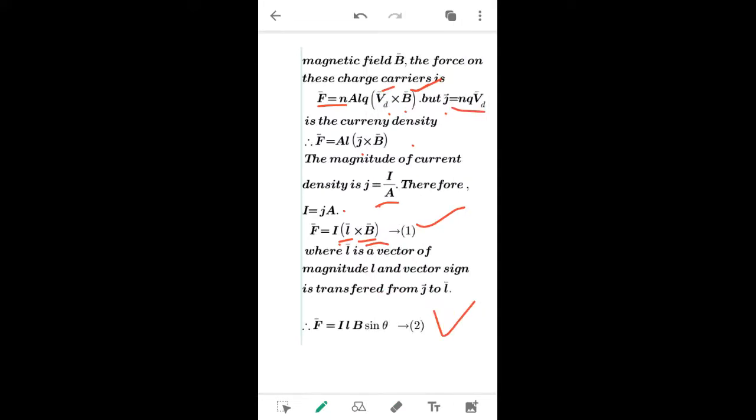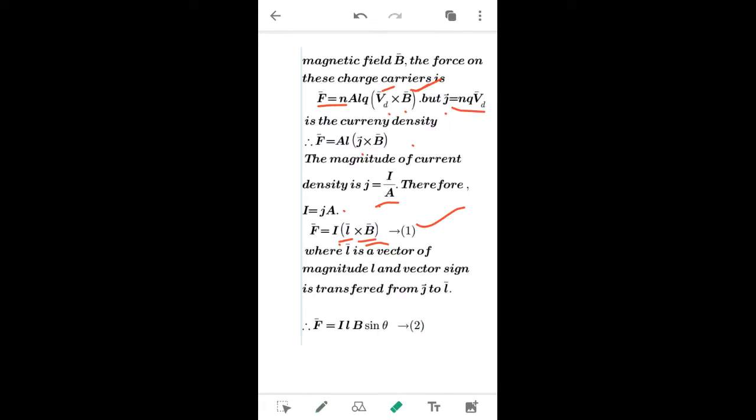If this is a straight conductor, this will be the final equation, but if the conductor is crooked, that is of irregular shape, then we consider a small length dl and summate all those small length vectors.